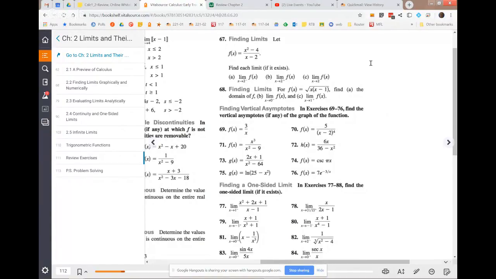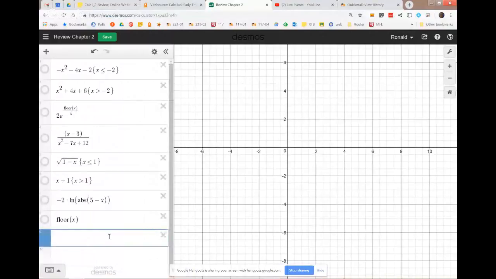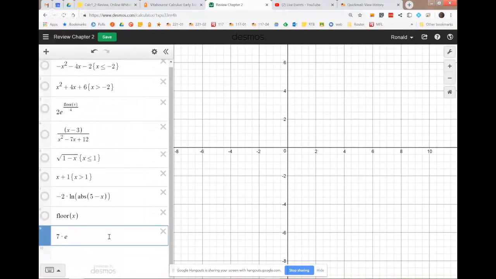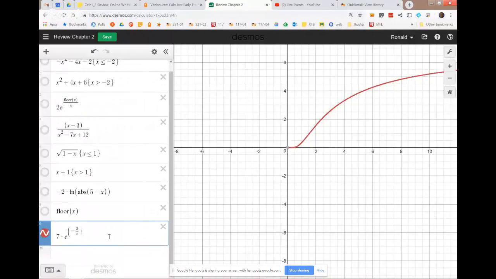Let's take a look at the graph of that: 7 times e to the negative 3 over x power.